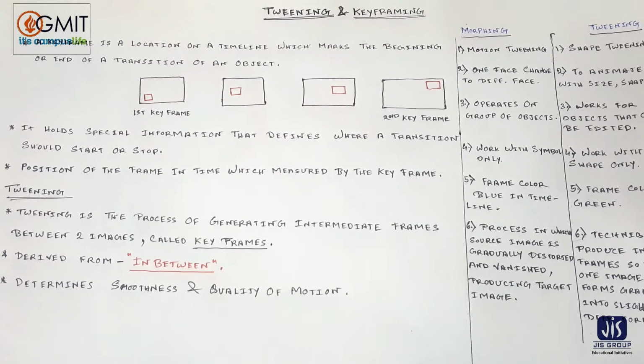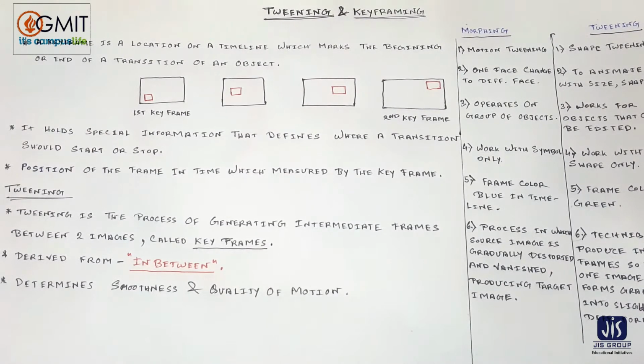So what is a keyframe? Keyframe is a location on a timeline, or you can say the beginning and end of an animation, because the beginning frame and end frame, that is from where the animation is starting and what we want to get as output, what is our result, that is the last frame.